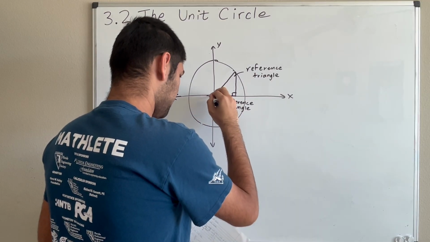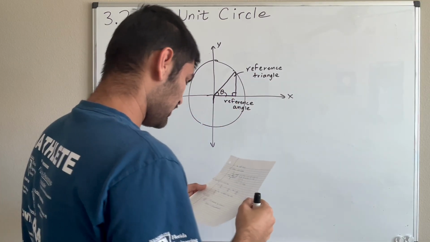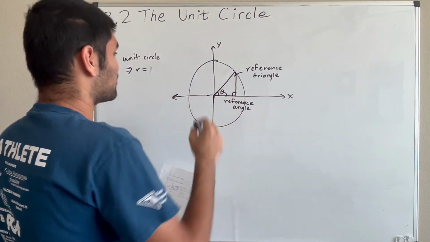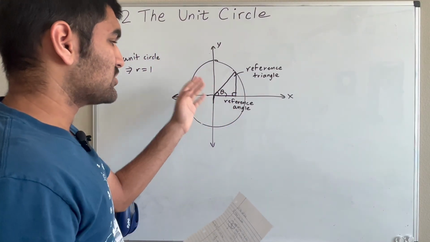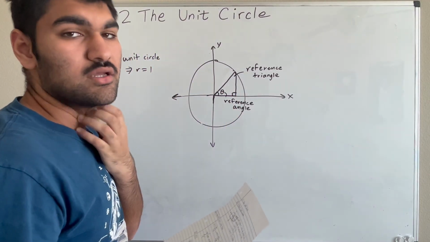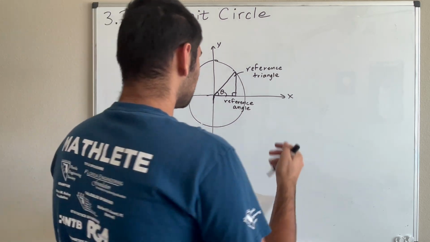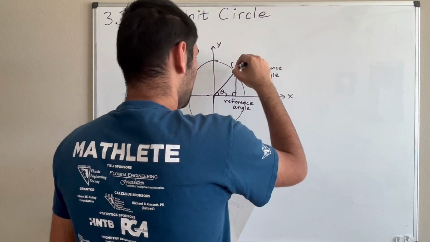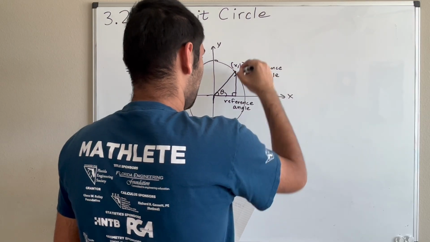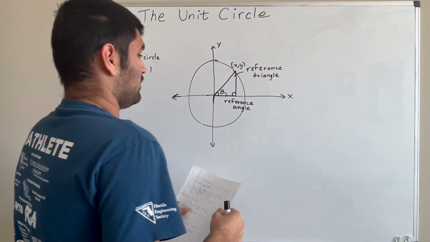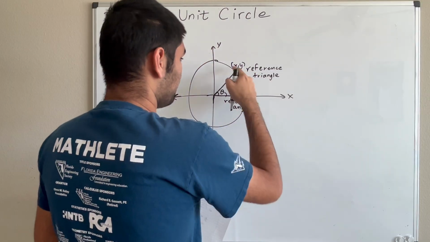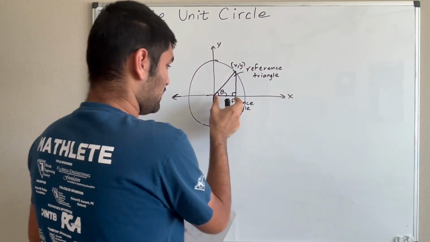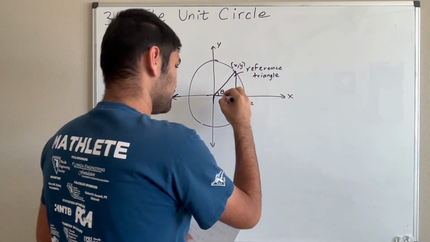But anyway, so then we have a right triangle, and so then we can apply SOHCAHTOA to this right triangle. Okay, so first let's label this point, right? So this is a point with some coordinate xy, right? So what does that mean? So if this point is xy, then that means that this length right here must be x.